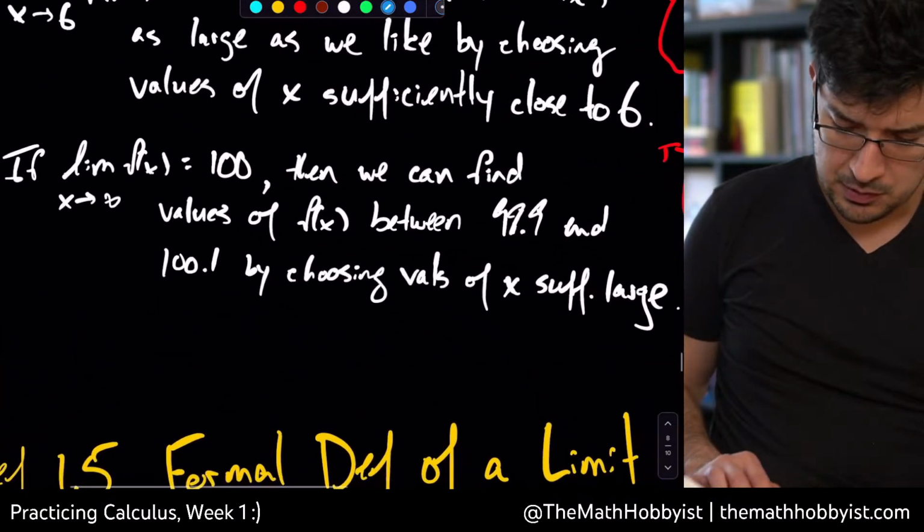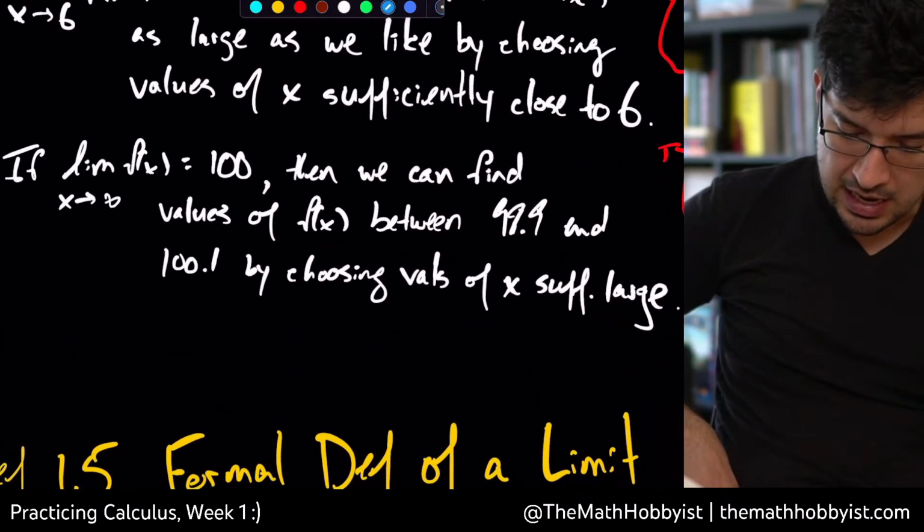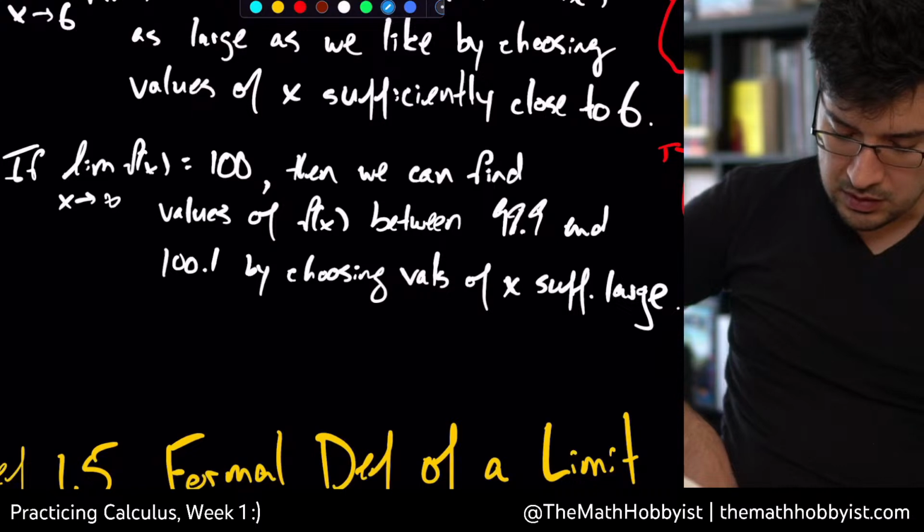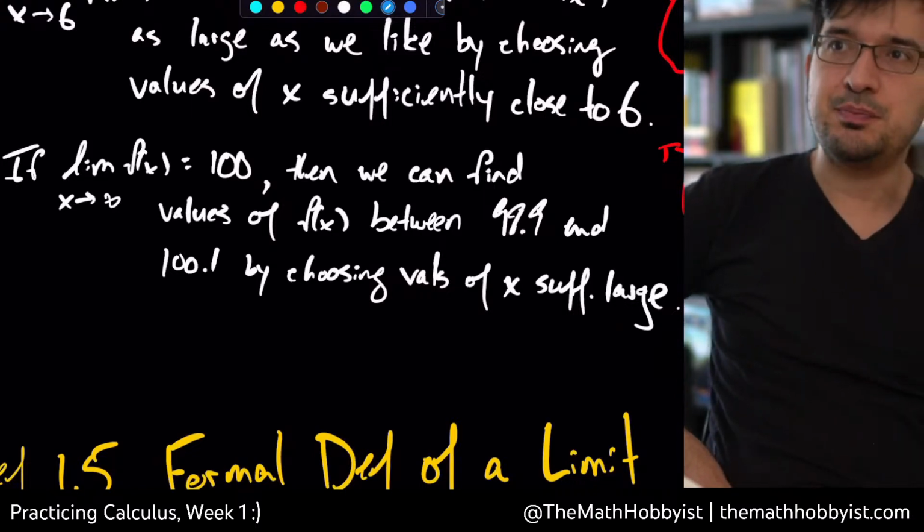In this example we'll never find 99.99. So it's kind of getting the definition backwards.